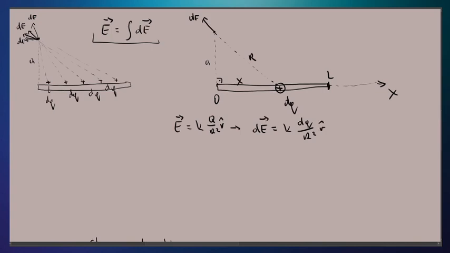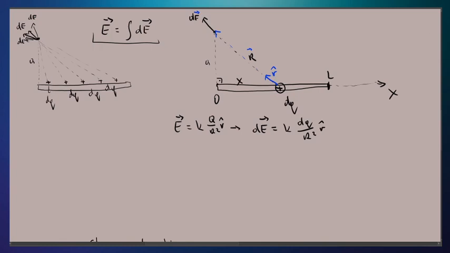So I'm going to put here vector r hat. I should explain r hat. So r hat in this case just points along the r vector. The r vector points from wherever your charge is to the point of interest. This is r, that's the r vector. I'm going to put an arrow above r to indicate this is the r vector, and therefore r hat is a directional vector that simply points in the same direction as big R, but its magnitude is just 1. So that's r hat. And r hat is going to be in the same direction in which dE points. So they point in the same direction.